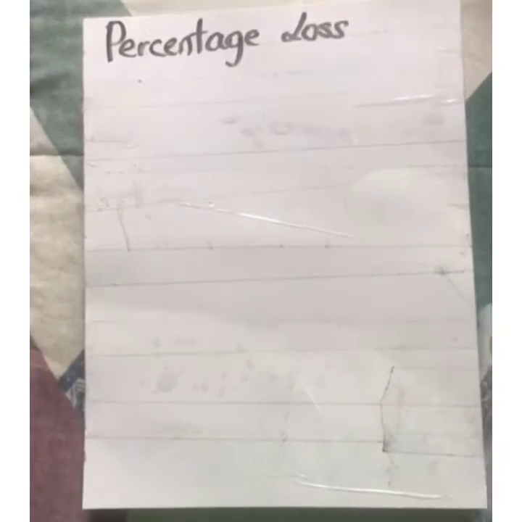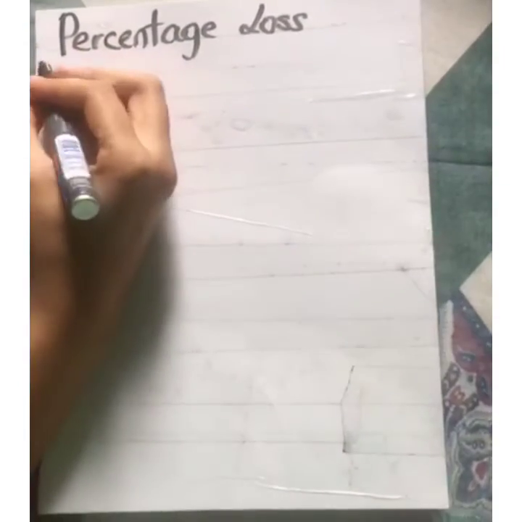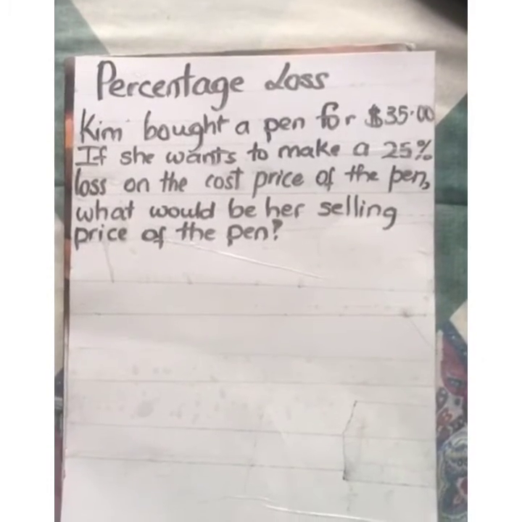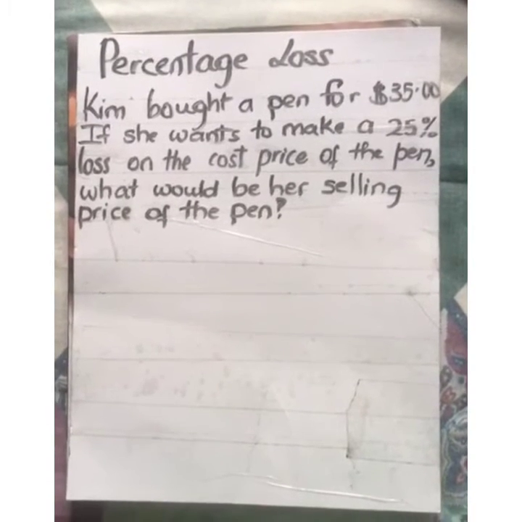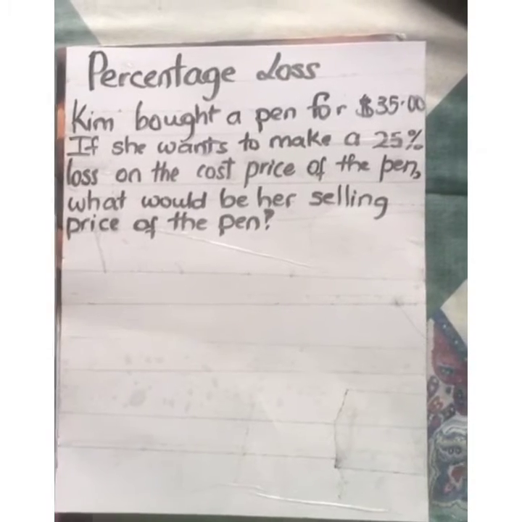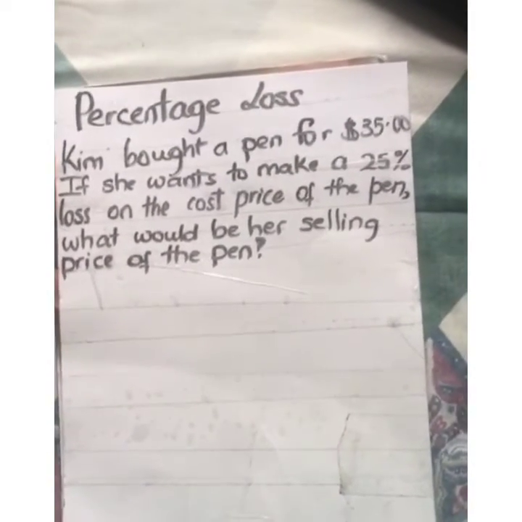Now we will be determining the selling price when we are given the percentage loss. So the question states, Kim bought a pen for $35. If she wants to make a 25% loss on the cost price of the pen, what would be her selling price for the pen?